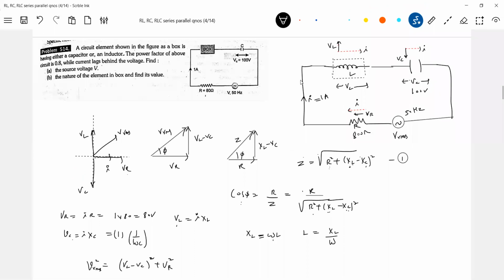Wait. Question number 10. Applied voltage, that V is asked: 100 volt. VRMS is 100 volt.